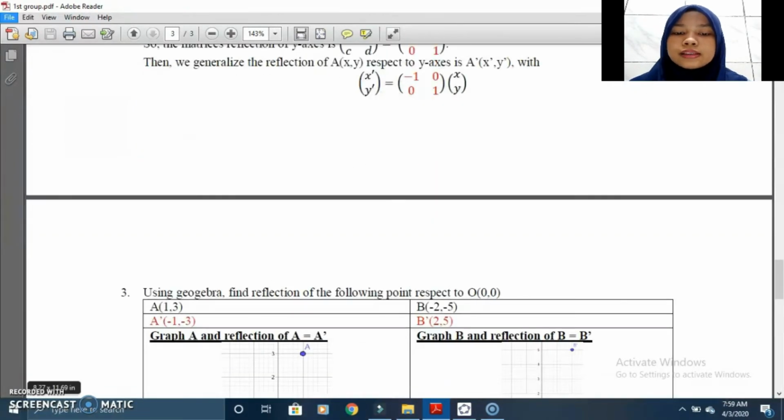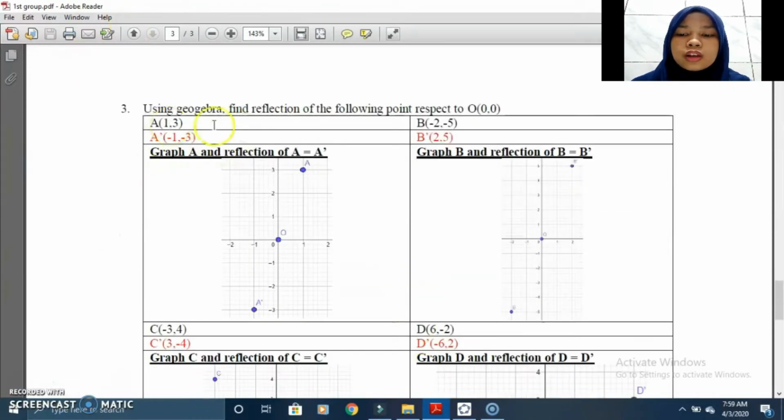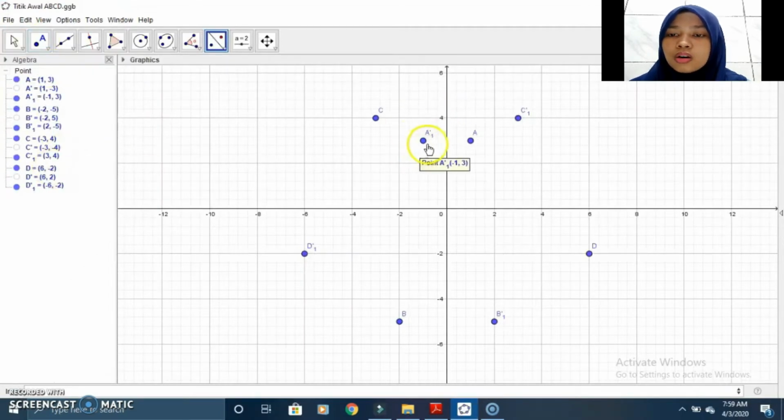And the last number is using GeoGebra, find the reflection of the following points with respect to O with coordinates 0, 0. The given points are the same as the previous points A, B, C, and D. First, we hide all of A1', B1', C1', and D1'.